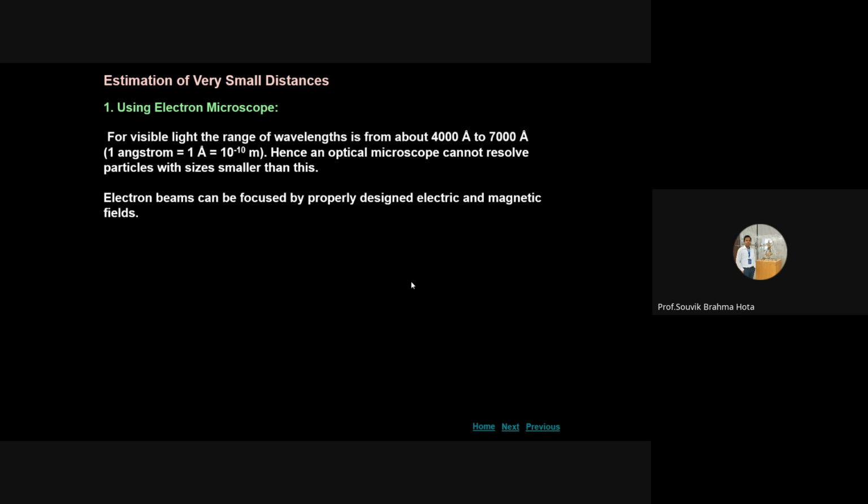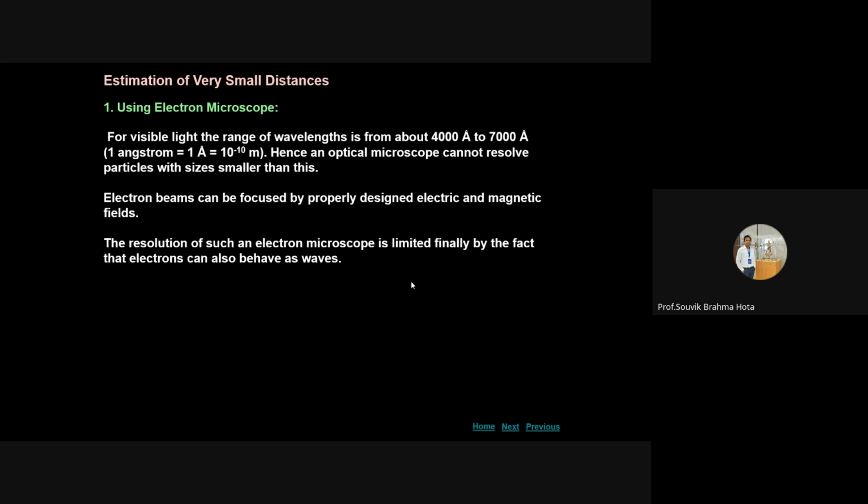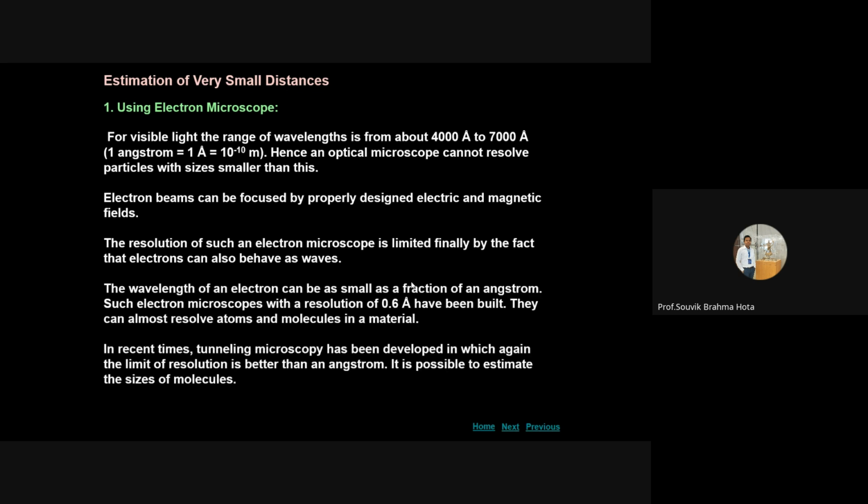The electron beam can be focused by properly designed electric and magnetic fields. The resolution of such an electron microscope is limited finally by the fact that electrons can also behave as waves. So these things are not that much important.